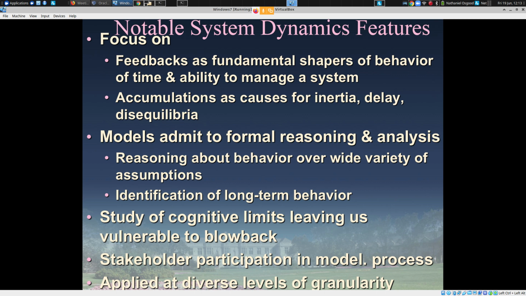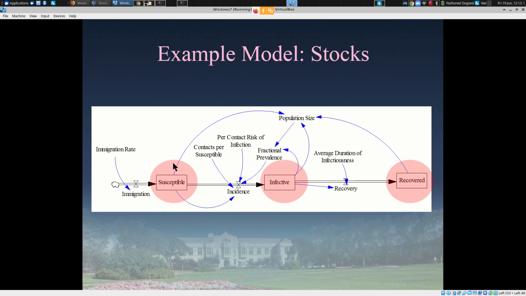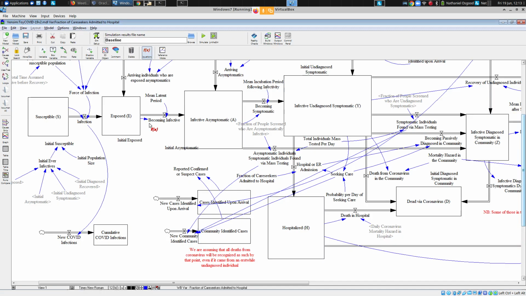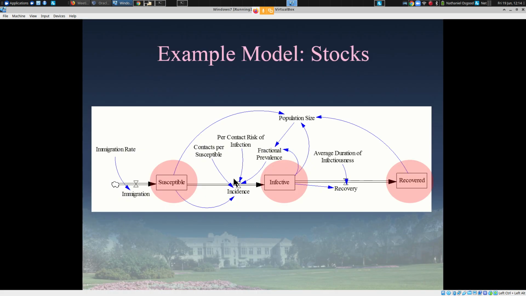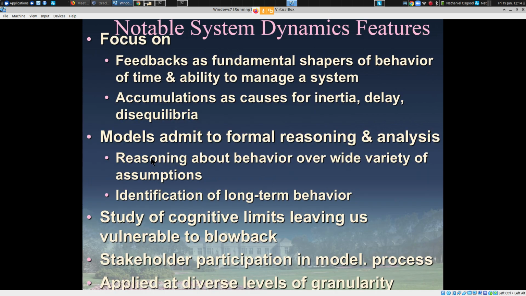So here our focus is often on feedbacks and accumulations. We have these accumulations called stocks. We saw them in our model earlier. And then there's going to be feedbacks involving them that we often depict on a causal loop diagram using these indications of polarity, but they're associated with loops in the causal loop diagram.